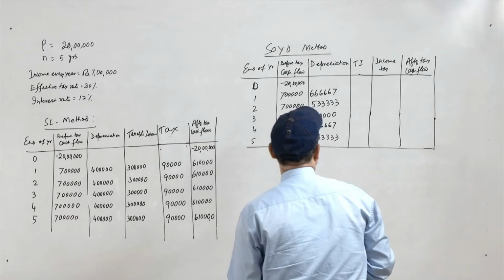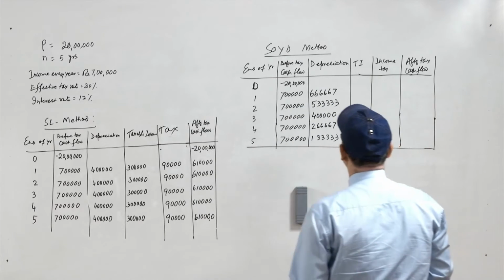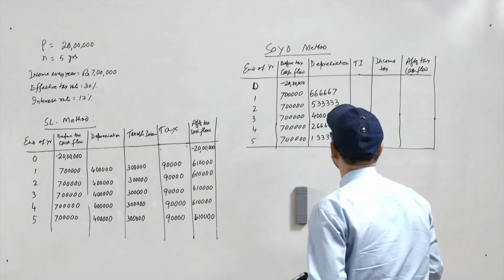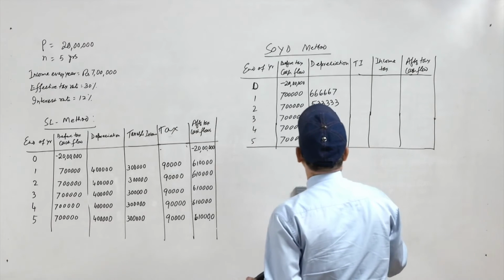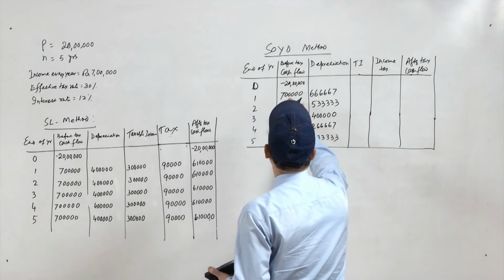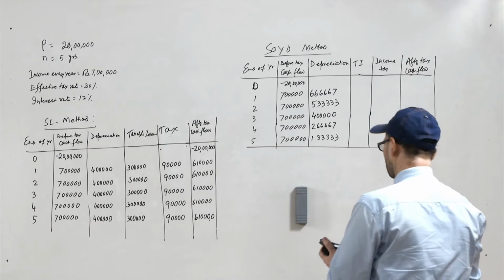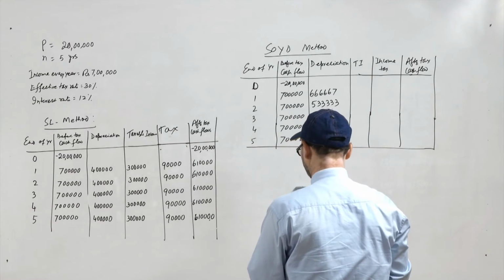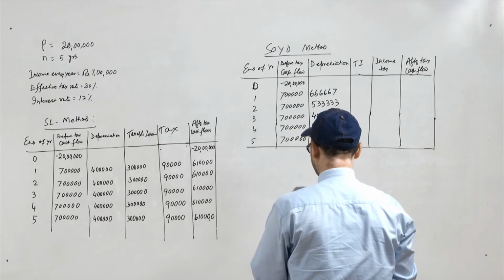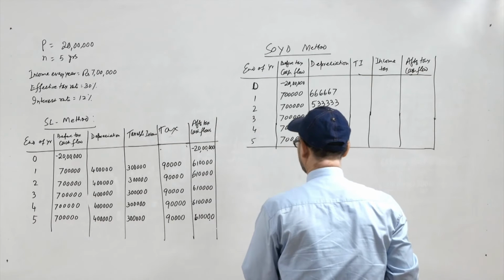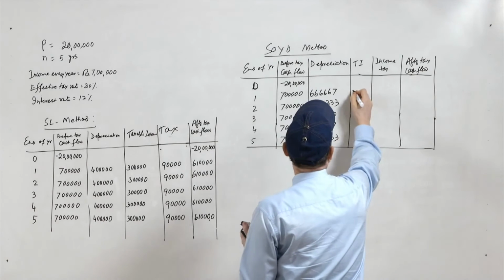Now, the taxable income is the difference of the income and the depreciation charge. So, 7 lakh minus 6,66,667 is 33,333.